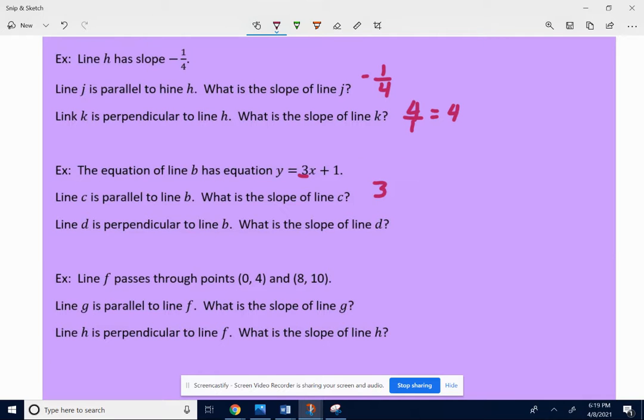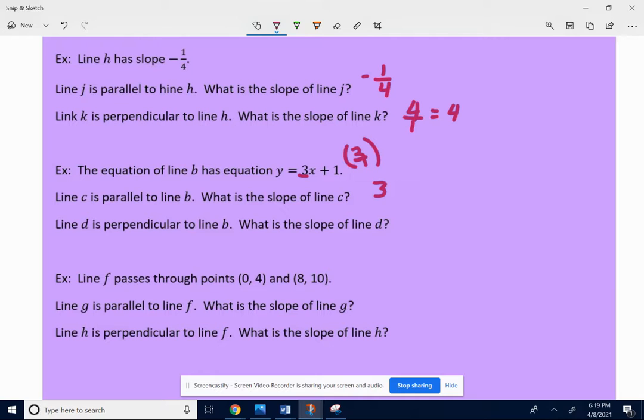Line D is perpendicular to line B. What is the slope of line D? So 3 was the original slope, and we need the perpendicular slope. Since you're going to have to opposite it and flip it, you may want to think of that original 3 as 3/1.